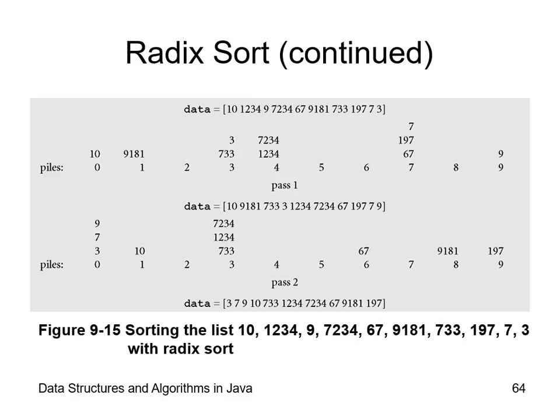In the first pass, look at the last digit. In the second pass, you look at the second digit from last. And then the third digit, fourth digit, fifth digit from the last. At the end, amazingly, it's sorted.